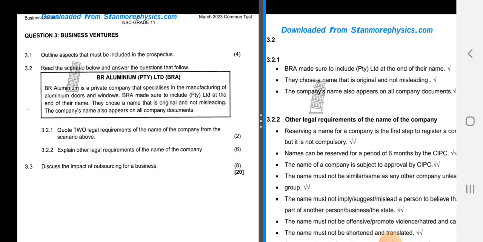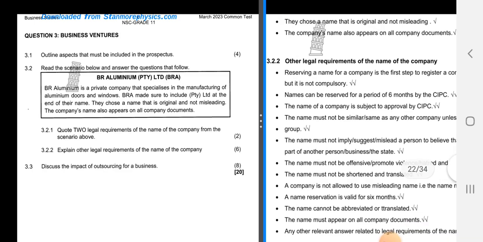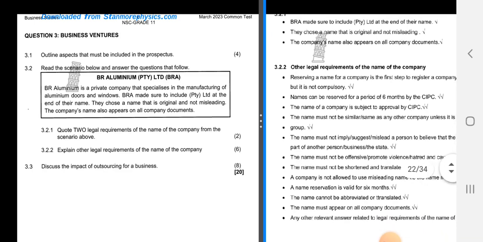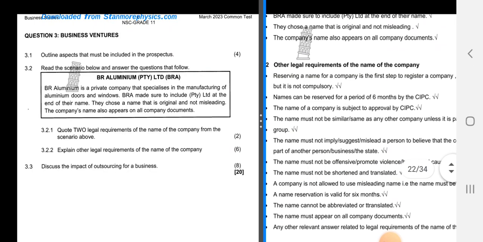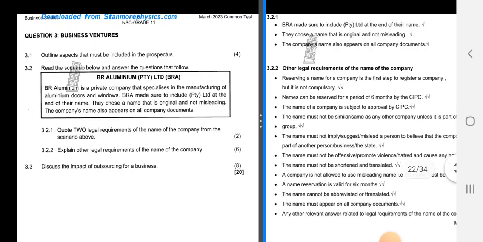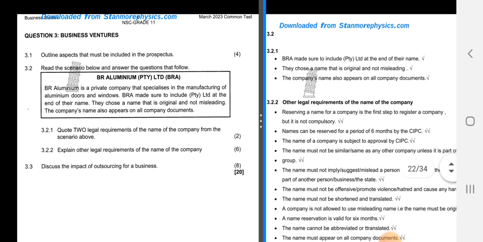The company's name also appears on all company documents. Quote 2 legal requirements of the name of the company from the scenario below. So what are the requirements when you do a name for a company? So you quote 2 legal requirements of the name of the company from the scenario above.